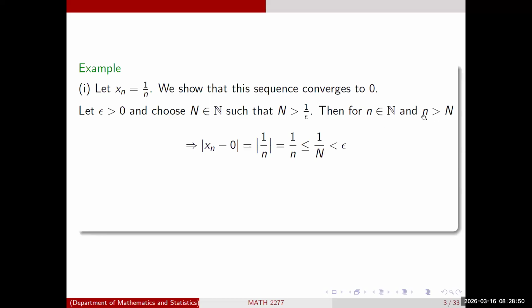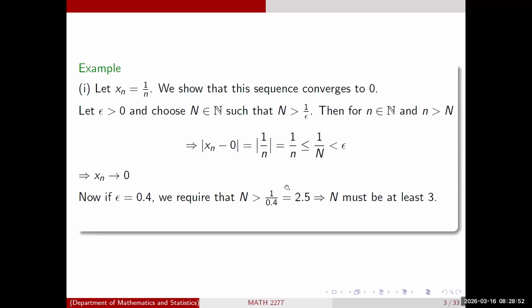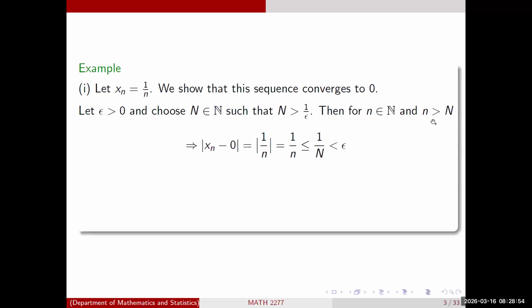And notice that if little n is bigger than big N, then if I invert both sides, I get 1 over n is less than 1 over big N. So that's how we went from this line to this line.